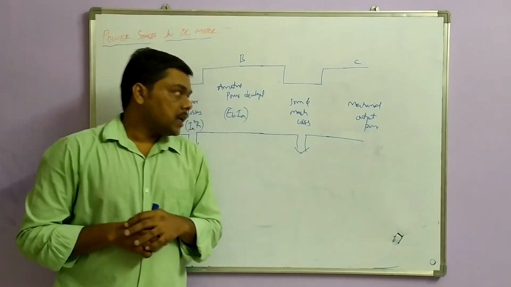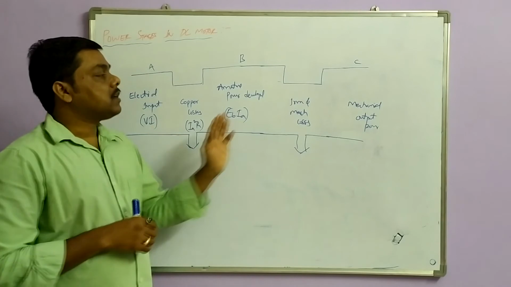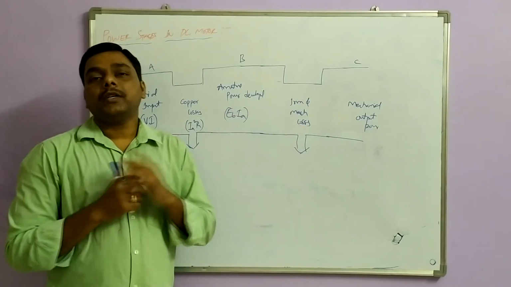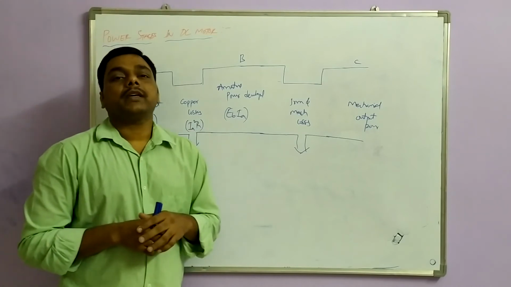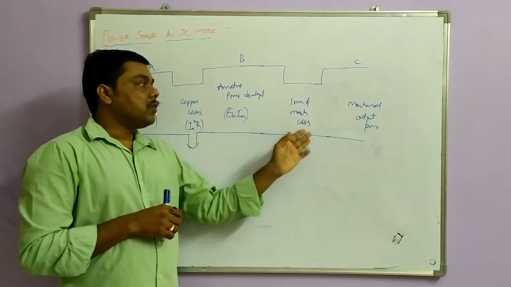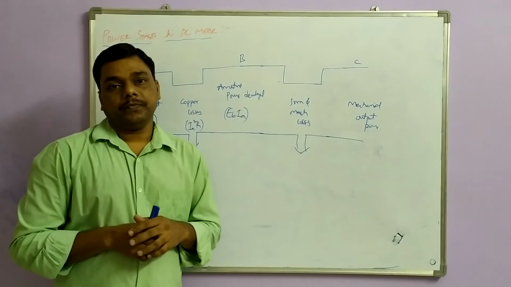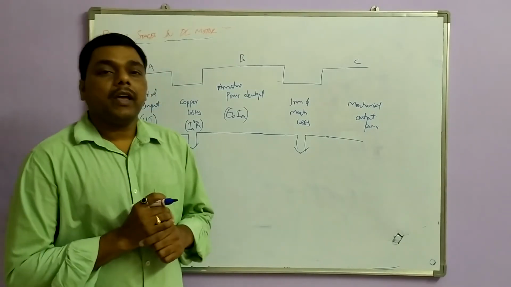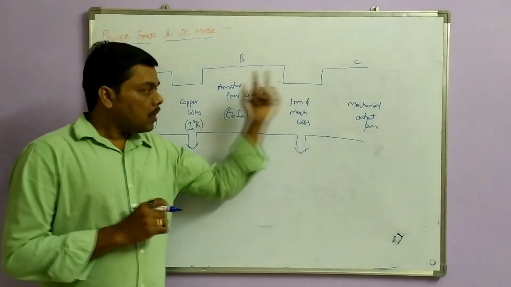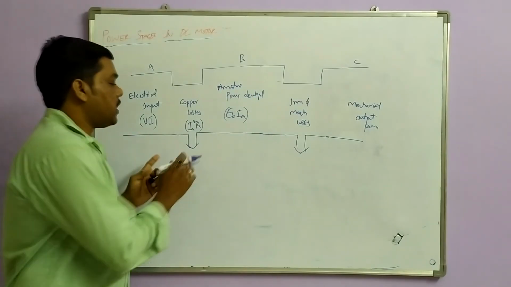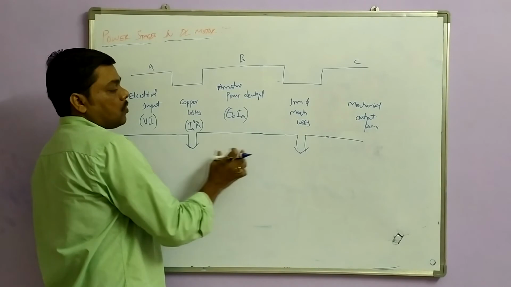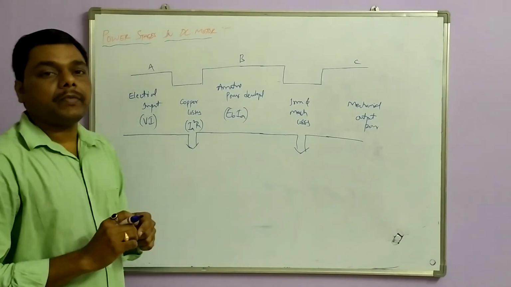Now we can also calculate what are the electrical, mechanical and commercial efficiencies of these machines by calculating one by one stage. Now we will calculate the efficiency. So overall efficiency is nothing but output power by input power, but we are having the three stages, so one by one we will calculate the efficiency.